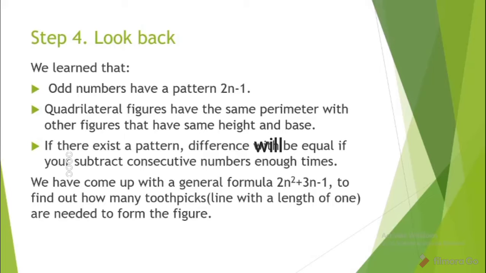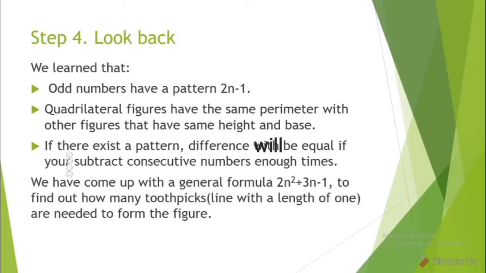And third, if there exists a pattern, the differences will be equal if you subtract consecutive numbers enough times. So, yun nga, minus natin siya 2 beses bago siya nag-equal. Mag-equal siya kung may pattern yon. 3 times natin i-minus, 4 times. So, as long as mag-equal siya in the end, may pattern tayong mahanap.